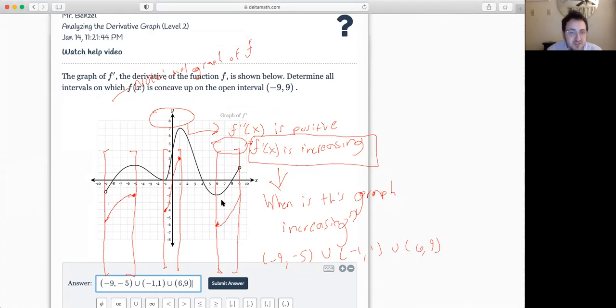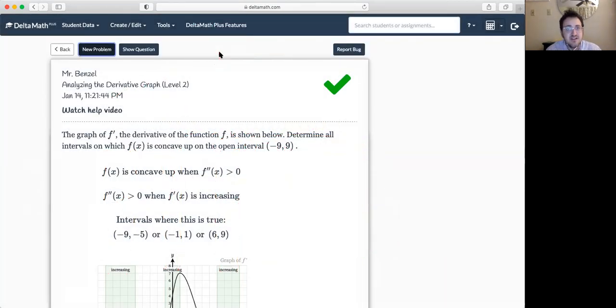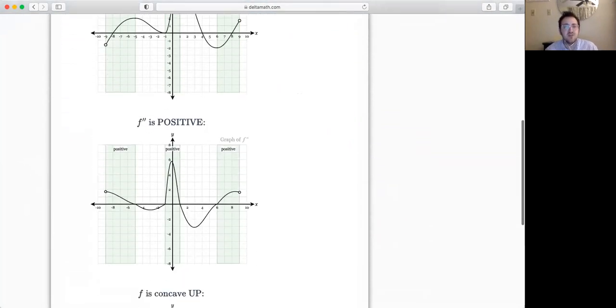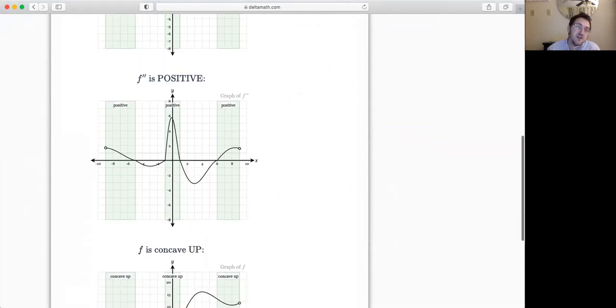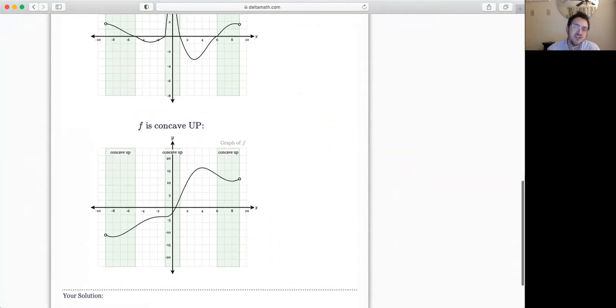Make sure that my x values are looking good. And I submit. And you can see in the solutions, they do help you with the interpretation. And they actually do give you the graph of f double prime as well as the original function as well.